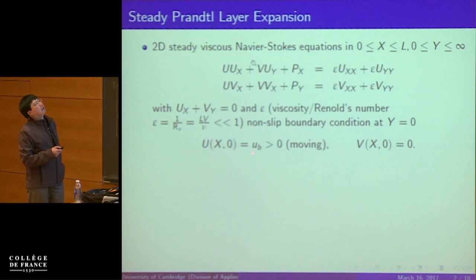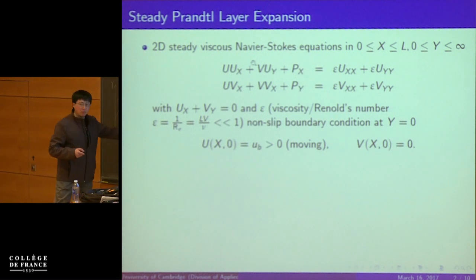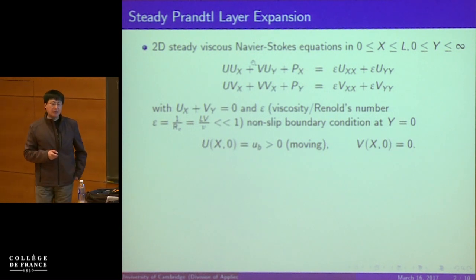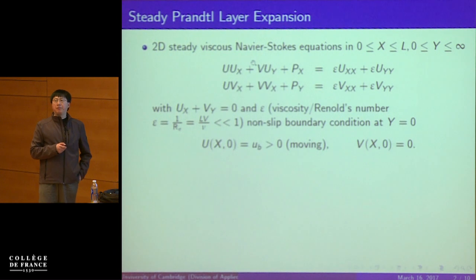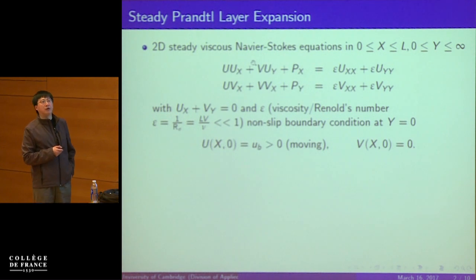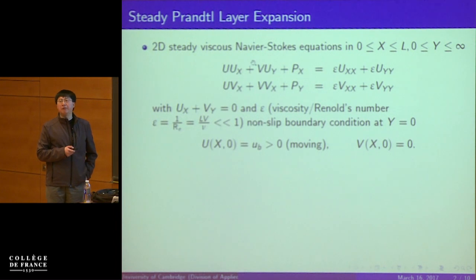So for the rest of the talk, we will always make this important assumption, that the plate is actually moving. Even in the context of a steady flow, the Navier-Stokes theory allows a constant velocity flow. For instance, the so-called Couette flow is one of the simplest and maybe one of the most well-known flows.